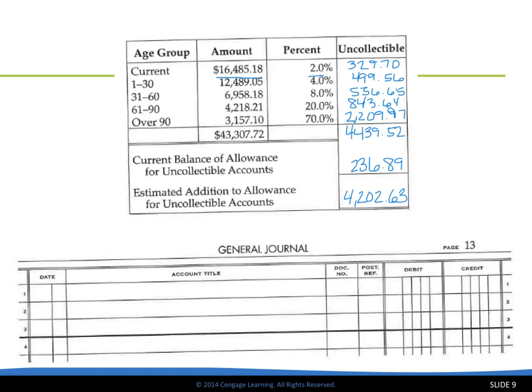All right, now I need to do my adjusting entries. Okay, so I'm doing these as of December 31st. All right, I'm going to have to hit that uncollectible accounts expense.